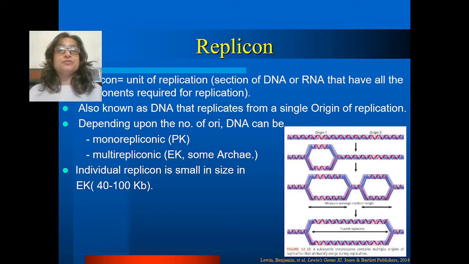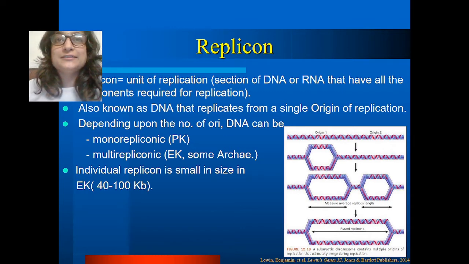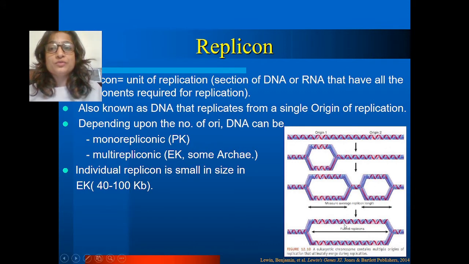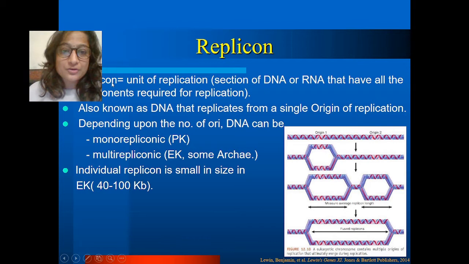Now if we talk about the replicon, which is a unit of replication, the point here is that a replicon is able to replicate independently, which means the presence of an origin of replication is essential in a replicon.